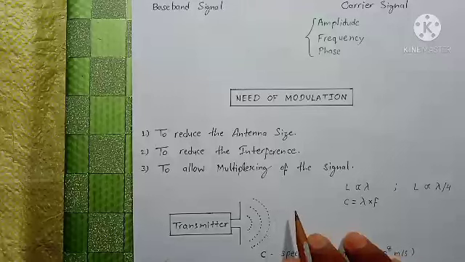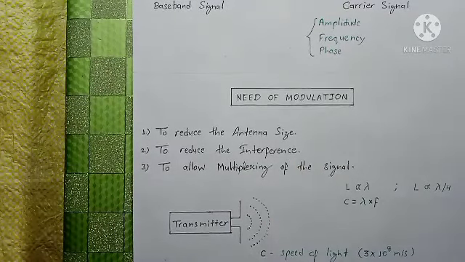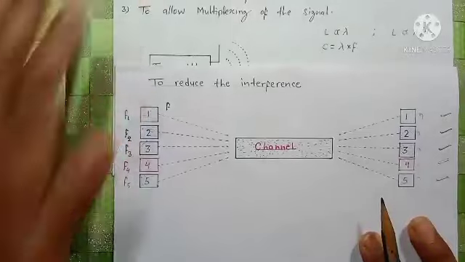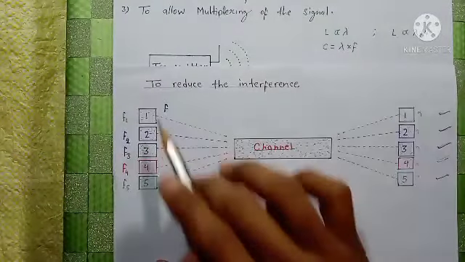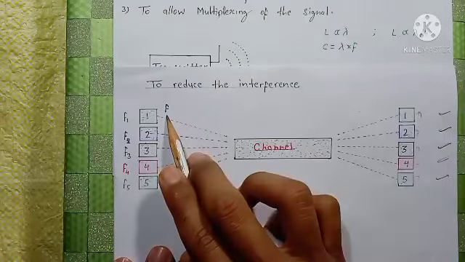The second reason is to reduce interference. Let's say these are five different voice signals which are around the same frequency f.